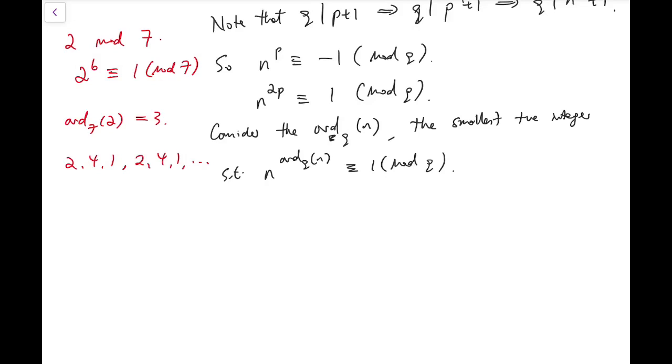So we know that n to the 2p is congruent to 1 mod q, and so we know that the first 2p powers of n should be multiple blocks of powers of n that would reach from n to the 1 up to the order. So in other words, the order must divide 2p.